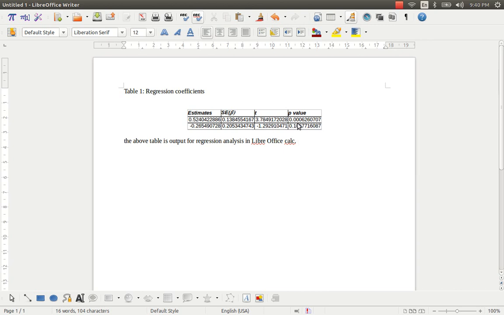the p-value. As I have explained in my previous video, the beta naught is significant because the p-value is less than 0.05. So at 5% significance level, we are going to reject the null hypothesis that it is as expected. So it is not the expected value.